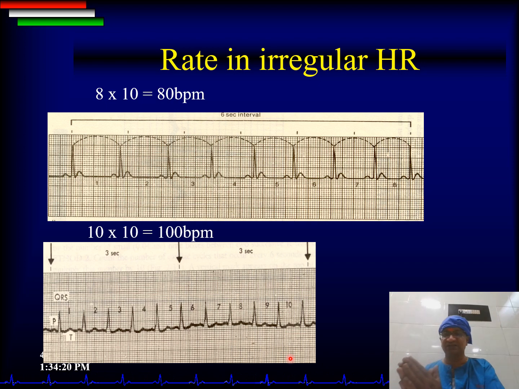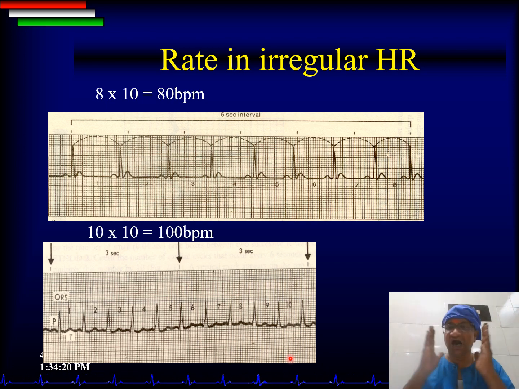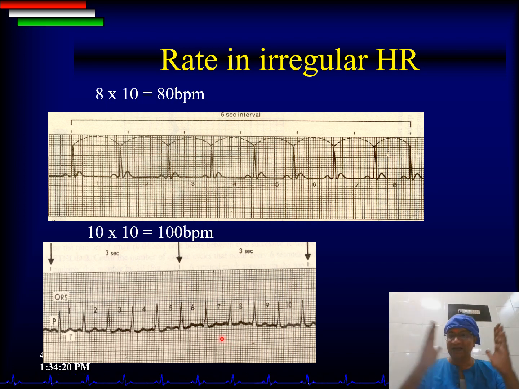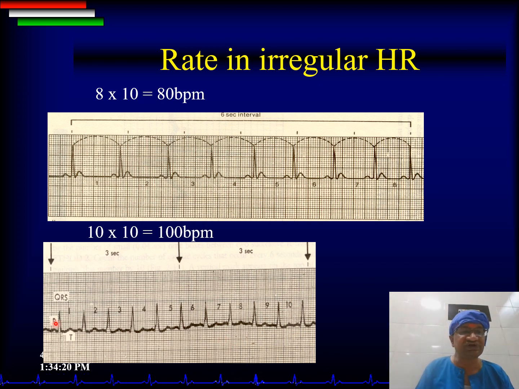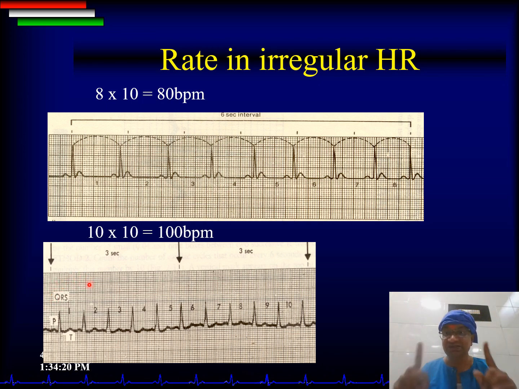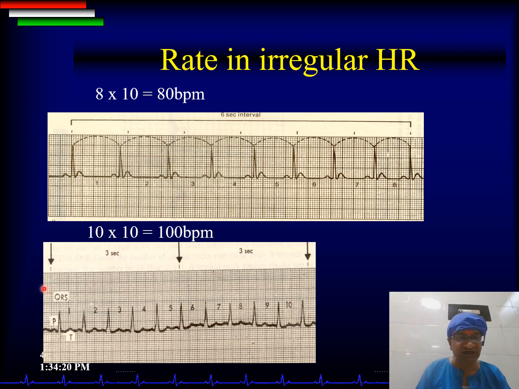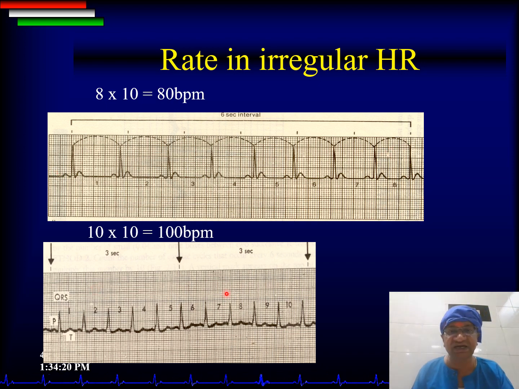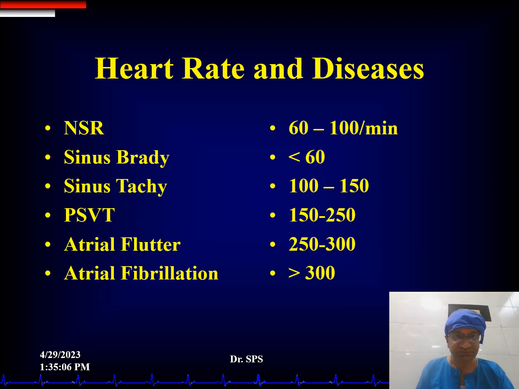In 6 seconds, 10 are there, so in 60 seconds, 100 will be there. So if it is irregular here and there, then you calculate for 6 seconds. Because it runs at 25 millimeter per second, you have to run 25 millimeter to calculate 1 second.